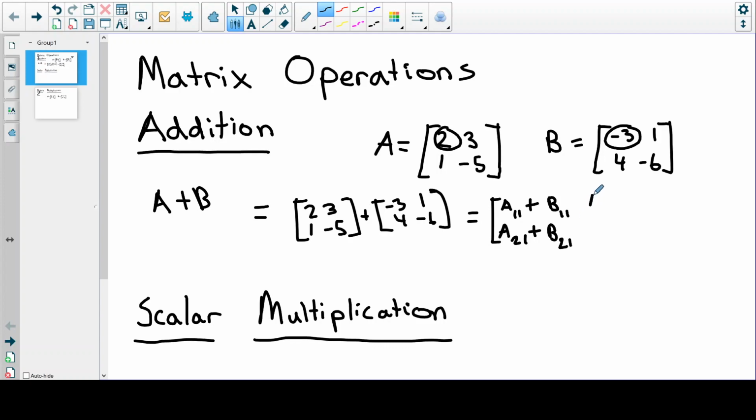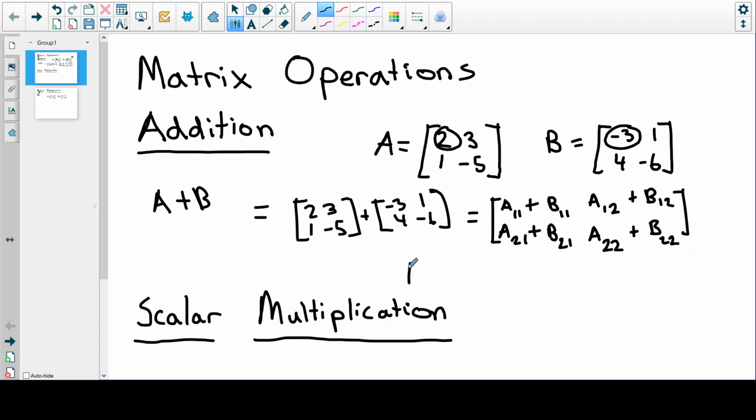And then our next one is going to be A 1, 2, first row, second column, plus B's 1, 2. And the last one is going to be A 2, 2 plus B of 2, 2. So that's what the answer is going to look like.